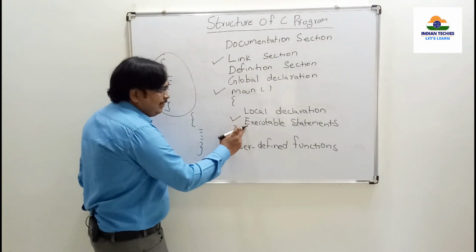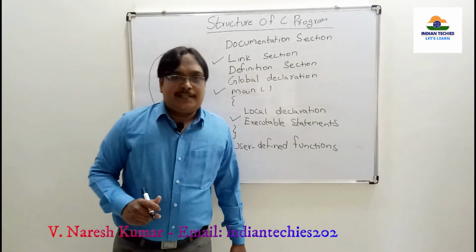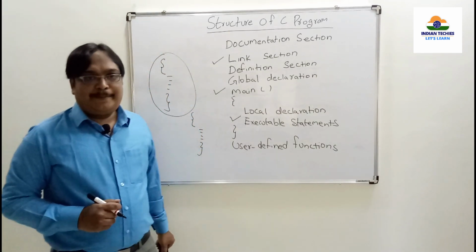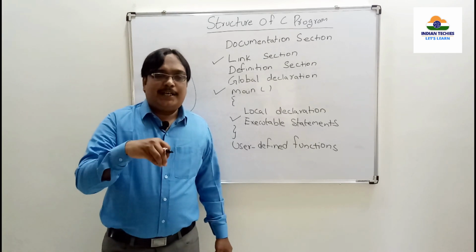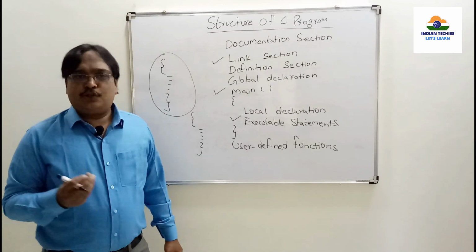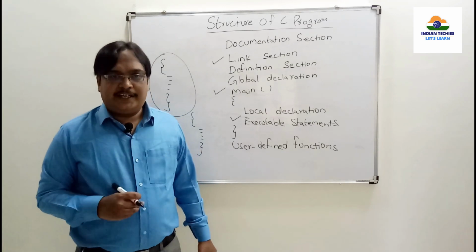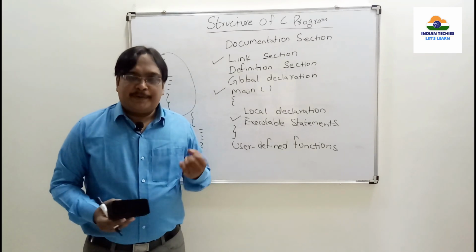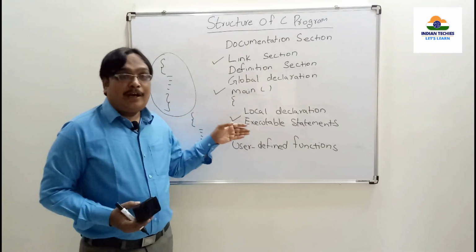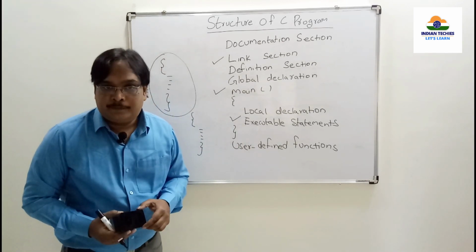Next, within the main block only, executable statements. What do you mean by executable statement? There are many predefined functions under the link section, I mean stdio.h. Dennis Ritchie has created and mentioned some predefined functions. Those are also called library functions. Some people who already have knowledge of C can recognize them, like printf, scanf. So in your program, you have to execute at least one of the predefined functions.